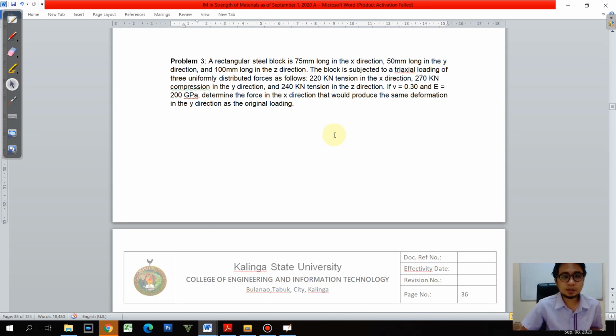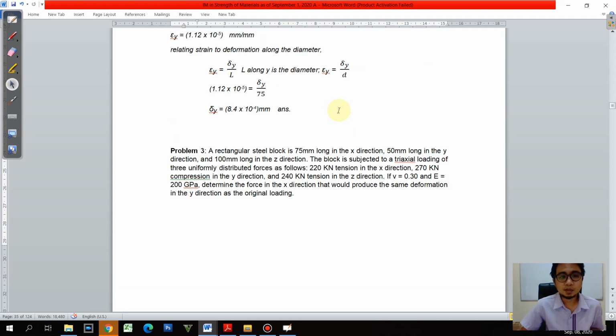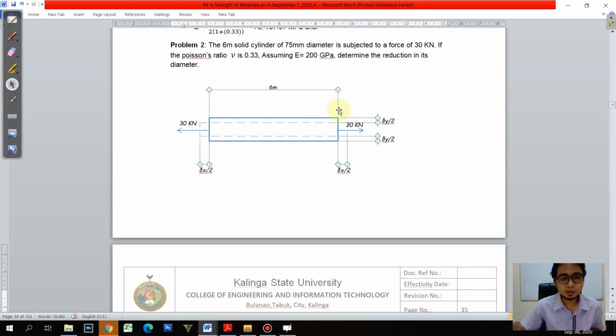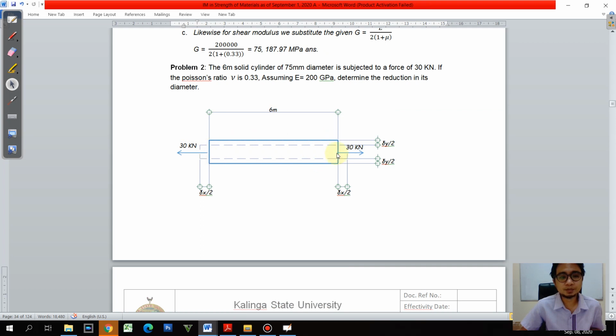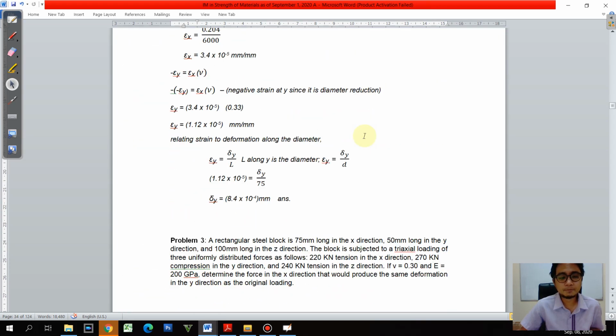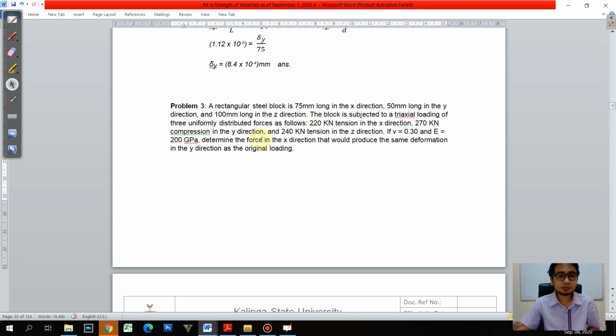So for the third problem, we have here a steel block. By the way, the second problem, ito uniaxial lang to because there is only one axis that is subjected to an axial load. So for problem number 3, we have a rectangular steel block that is 75 millimeter long in the X direction, 50 millimeter. So all of the length of the axis are given. So the block is subjected to triaxial loading. So ngayon meron na tayong triaxial.